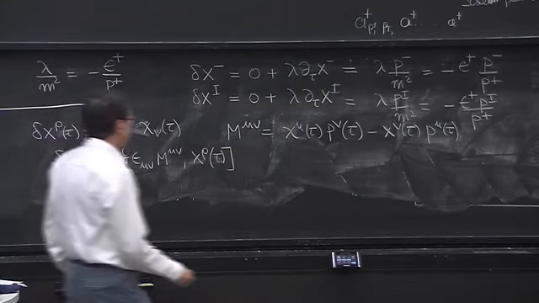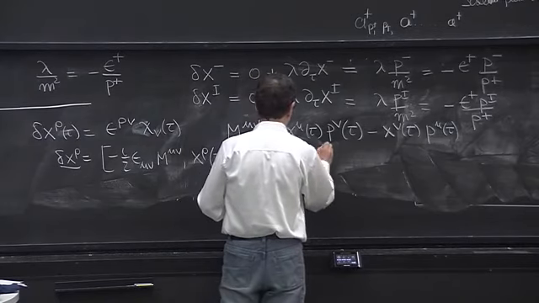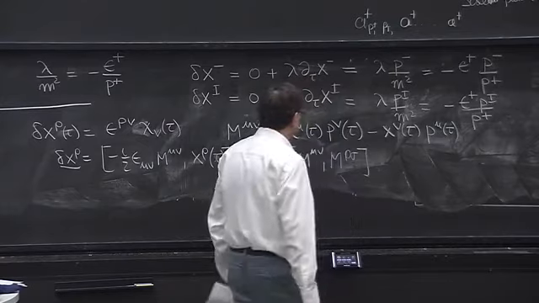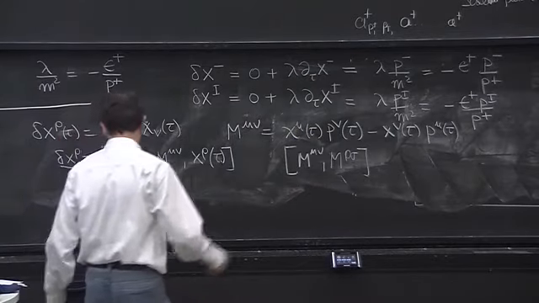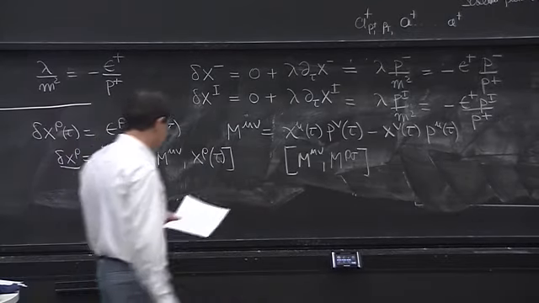And what algebra do the M's satisfy? They satisfy [M^μν, M^ρσ]. You can compute their commutator is the Lorentz algebra. Probably you talked a little about it in quantum field theory.